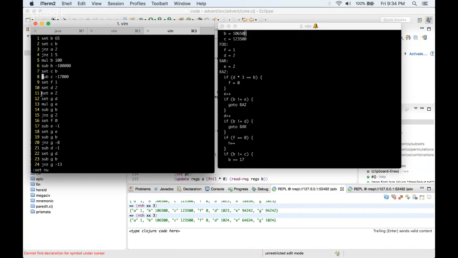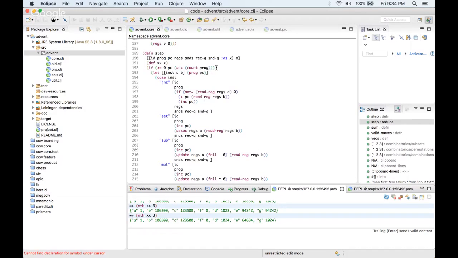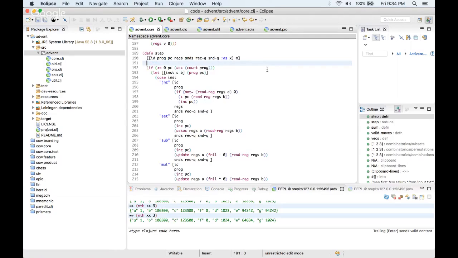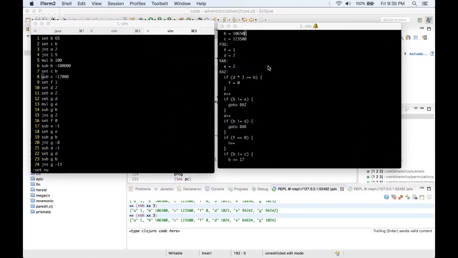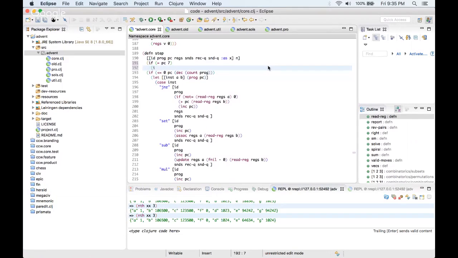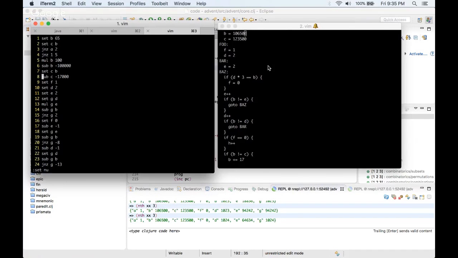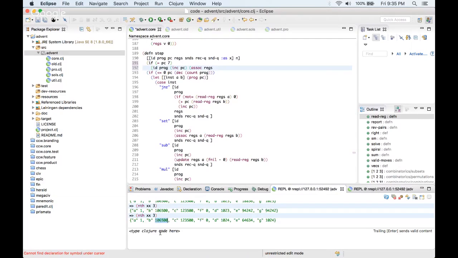So I'll say if the program counter is at 7, then instead of doing this thing, I want to just return the same program, increment the program counter, and then assoc in regs. So the way we have it here, we're going to set B to be 65.